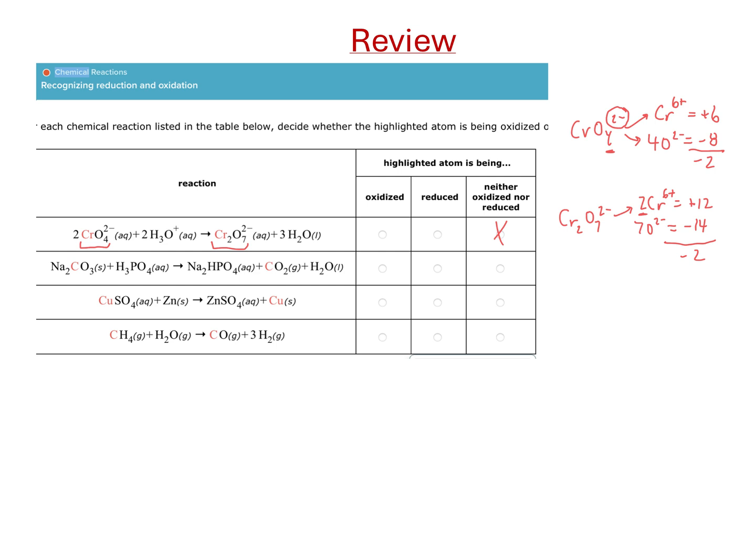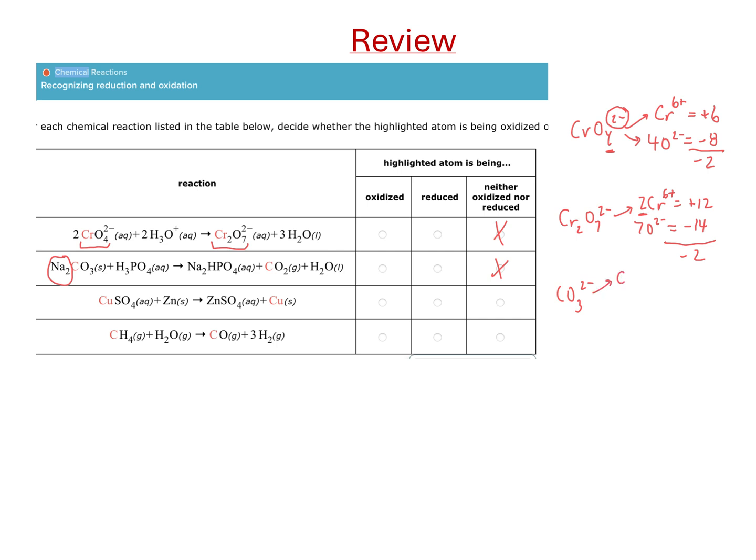The next one, we've got sodium carbonate reacting with phosphoric acid to make disodium hydrogen phosphate, carbon dioxide, and water. This is also not a redox reaction. This is an acid-base reaction, but we can still assign the charges to see that that's the case. So we start with carbonate. We take away the 2 sodiums, and I've got carbonate, CO3 2-.